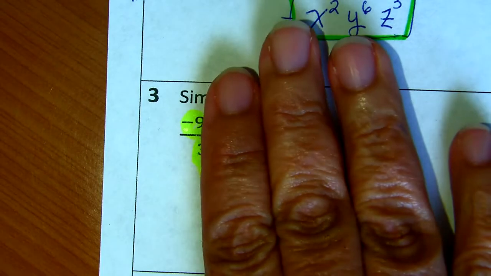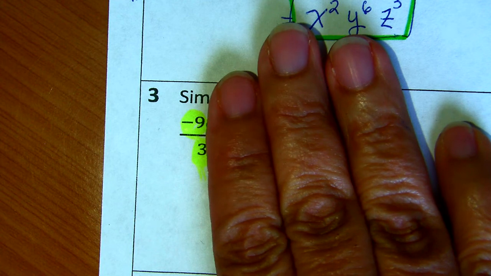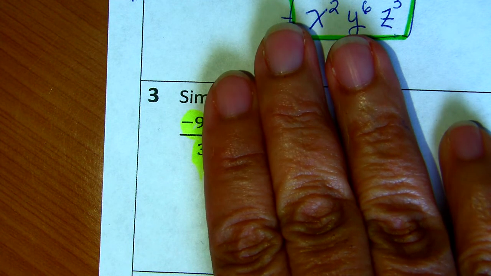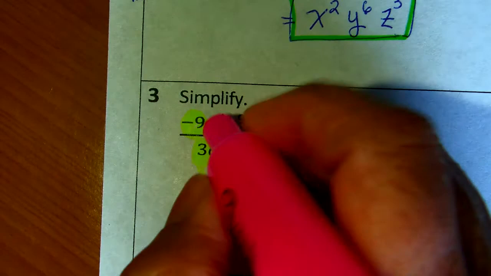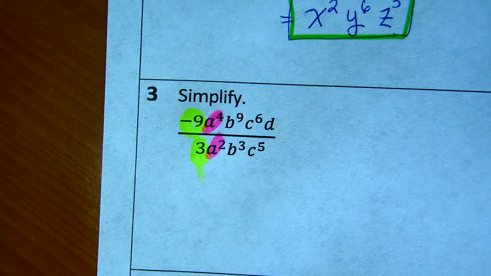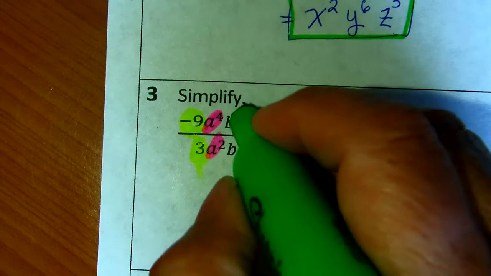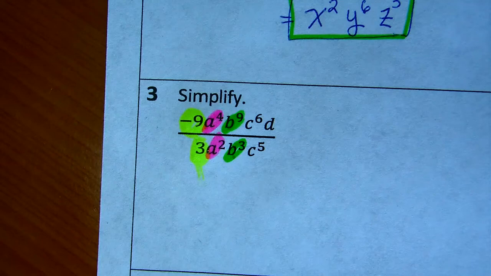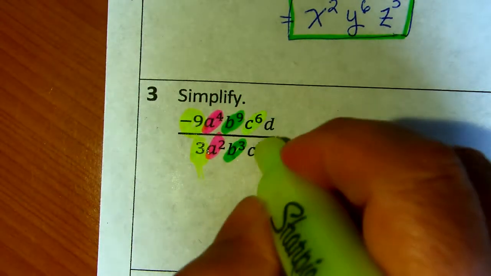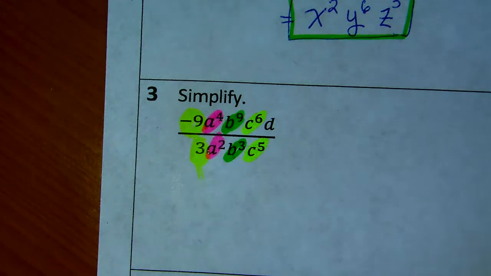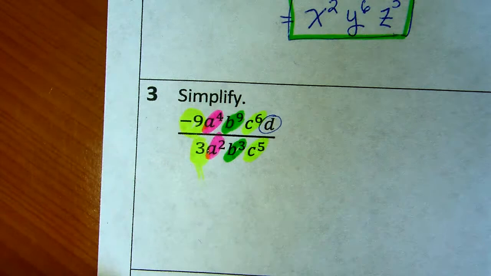If I cover the letters, these are just numbers, right? So I'm going to highlight the A one color, the B another color, and I'm going to repeat the yellow for letter C, and finally the D is by itself.